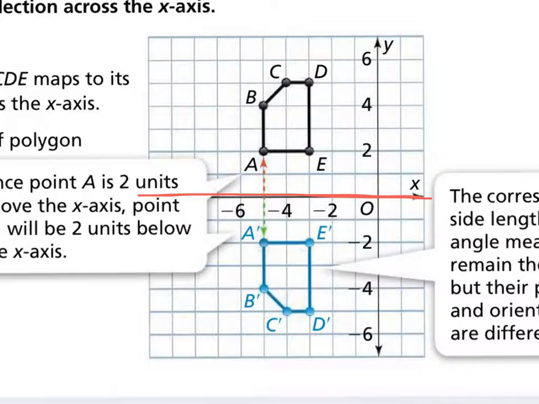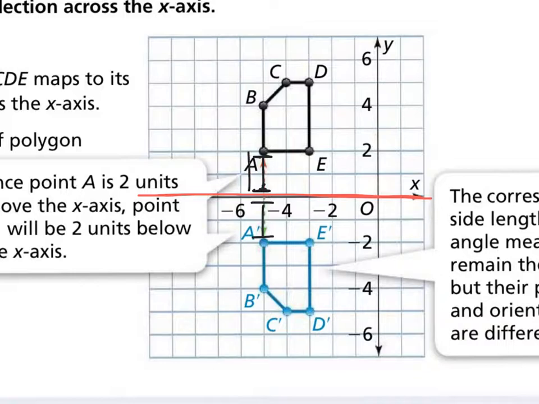Originally this whole thing is above the x-axis, and we're going to go below the x-axis. Point A, for example, is 2 units above the x-axis. When we flip it, it's going to now be 2 units below the x-axis.